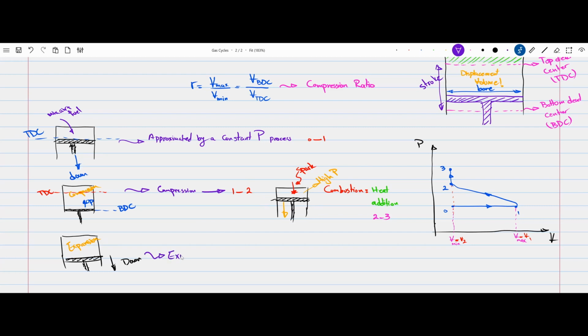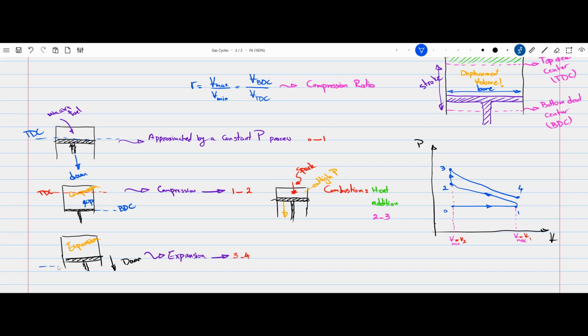So the third stroke is the expansion due to combustion. I would like to show this with 3 to 4 notation on the PV diagram. So from 3 to 4, you're expecting to see something that looks like this. Now, please keep in mind that this piston can move to a certain range.